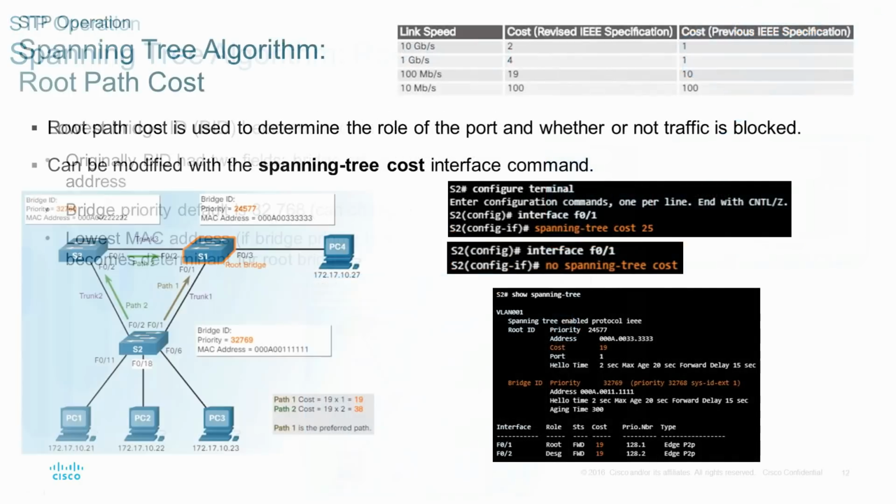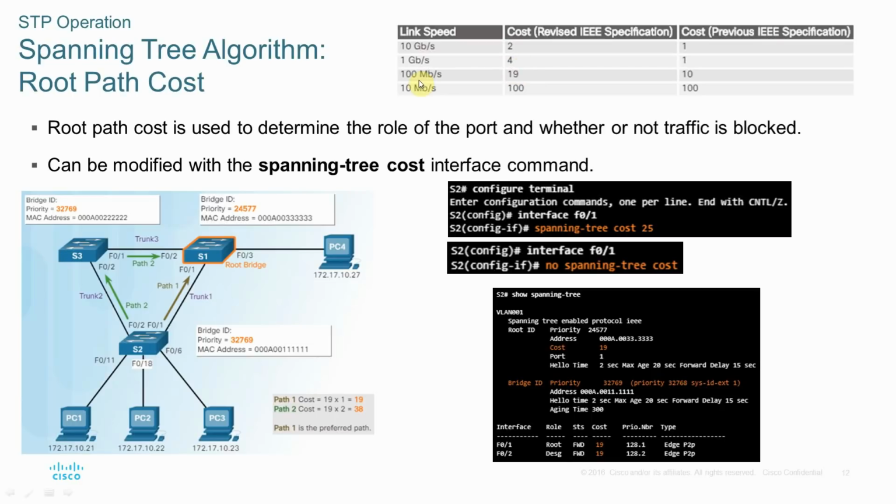Now if we take some other example, this is the same thing, how you can select the cost. Before going to discuss the cost, if the link between two switches is 10 gigabit per second, the STP cost, the spanning tree cost, will be 2, and if the link between the switches is 1 gigabit, the cost will be 4.